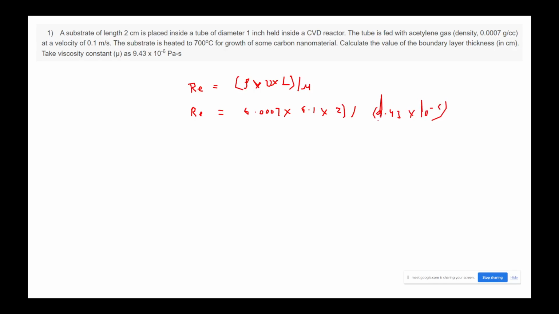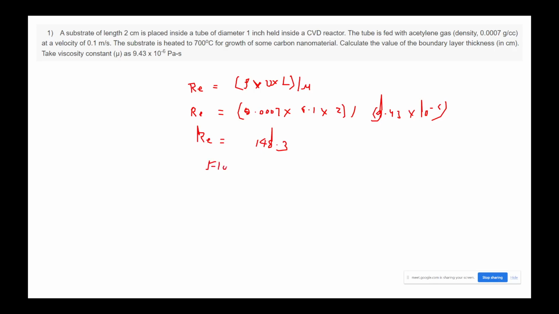So how much will you get? The value of your Reynolds number will be 148.3. Since the Reynolds number is less than 2300, the flow can be considered laminar.